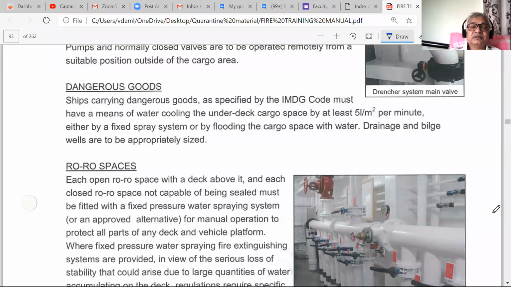And container ships on deck, there is no system. If it is stored inside, we also have a system like CO2, and if we need, we can always use sprayer, water sprays to cool down.